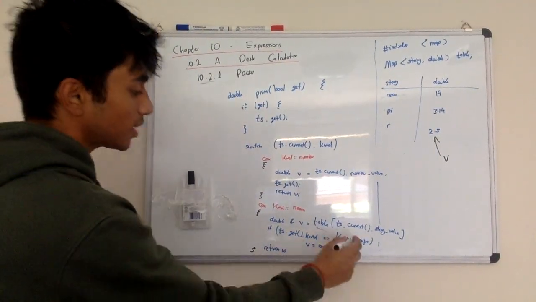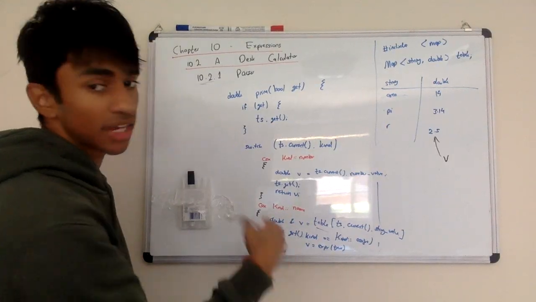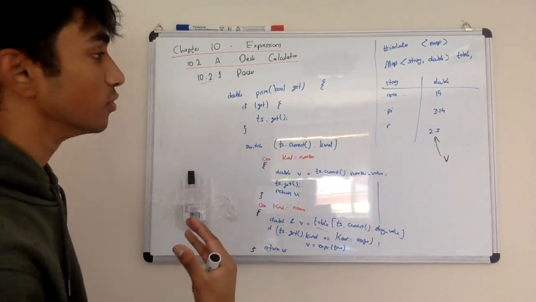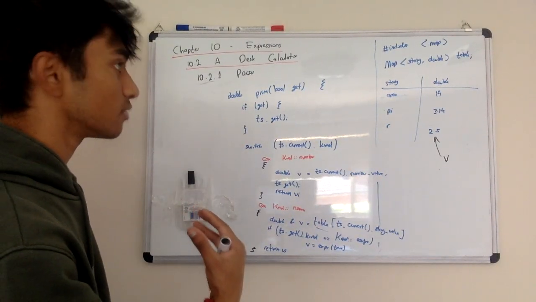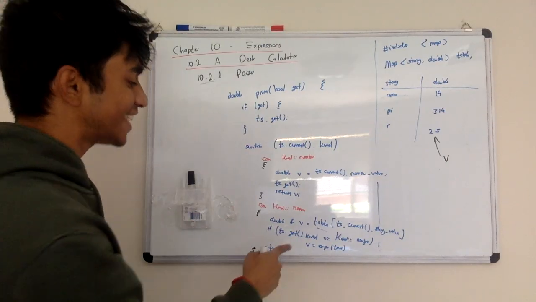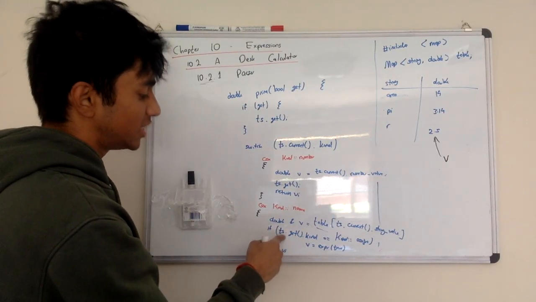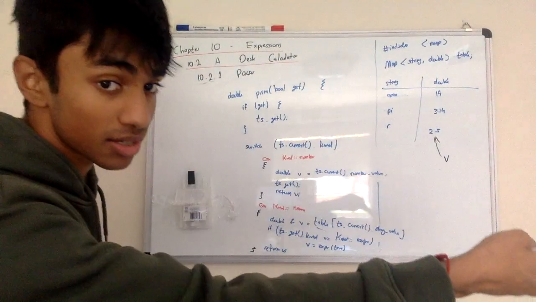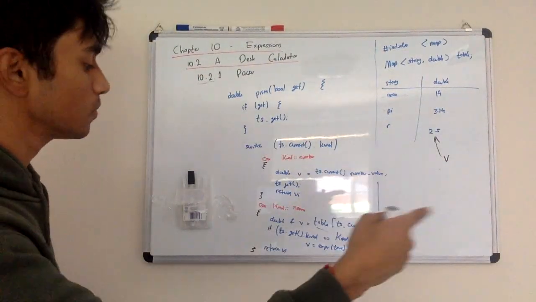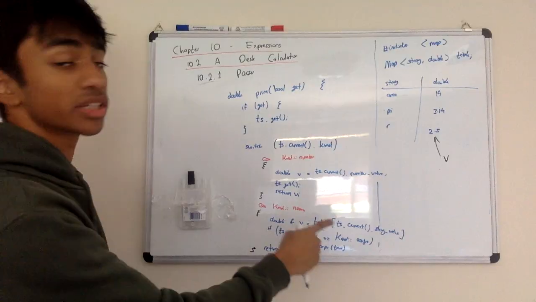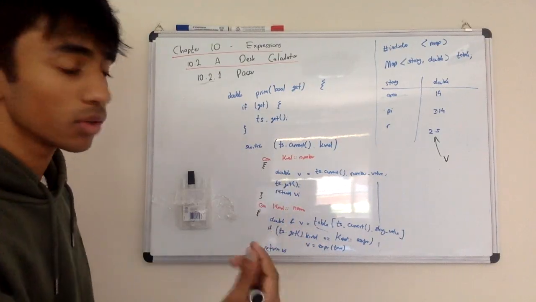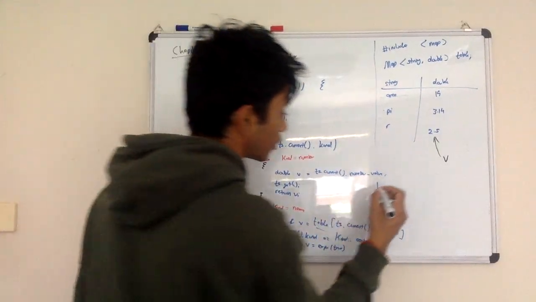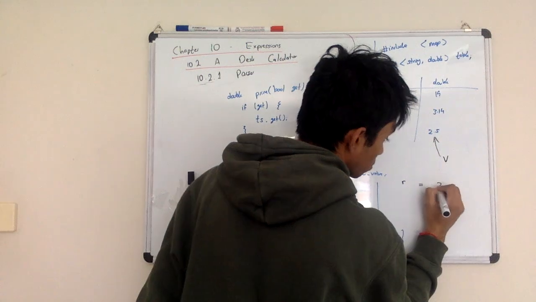So what is this next line saying? This top line is basically getting the value of the double. Let's say now that ts.get.kind. So .get means we're getting the next token, not the current token, the next one. If the kind is equal to assign, why would it equal assign? Because, for example, we could have a line that looks like r equals 2.5, right?